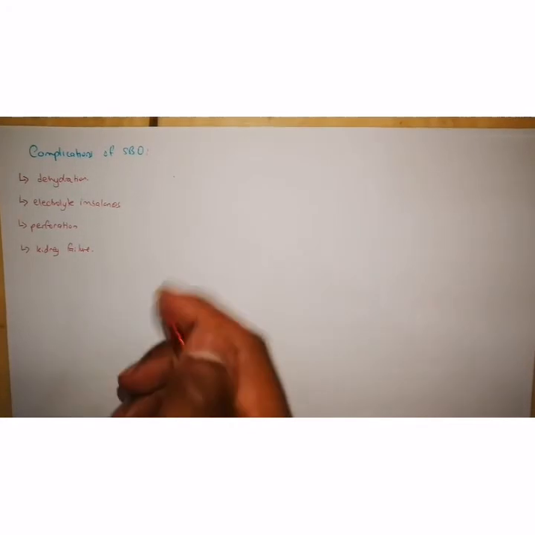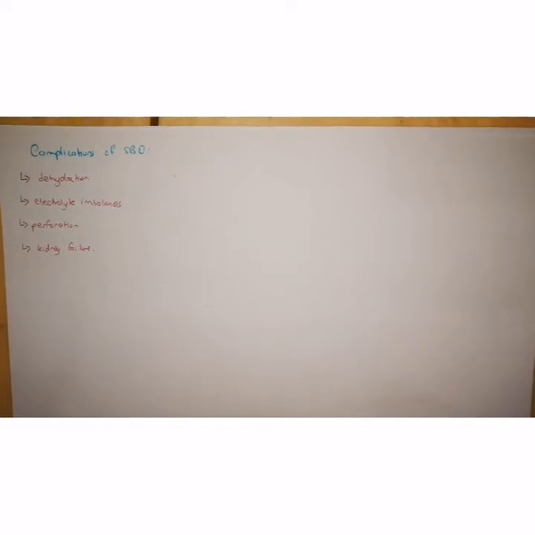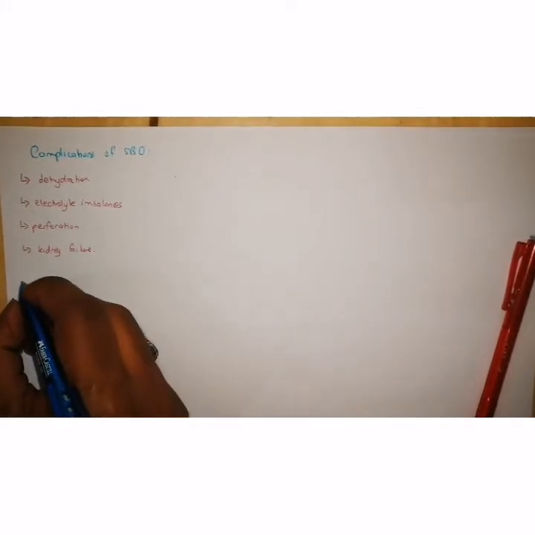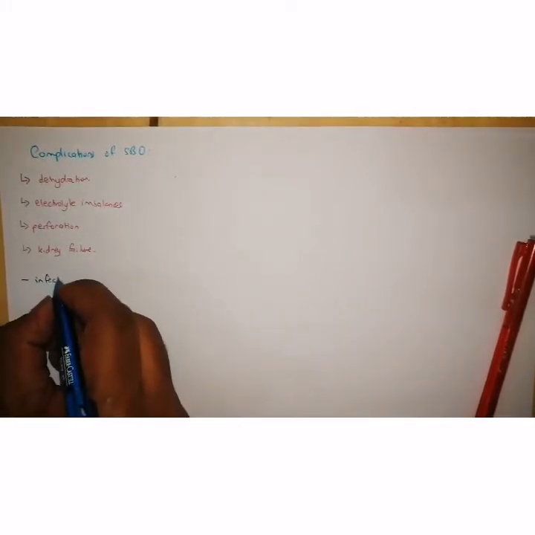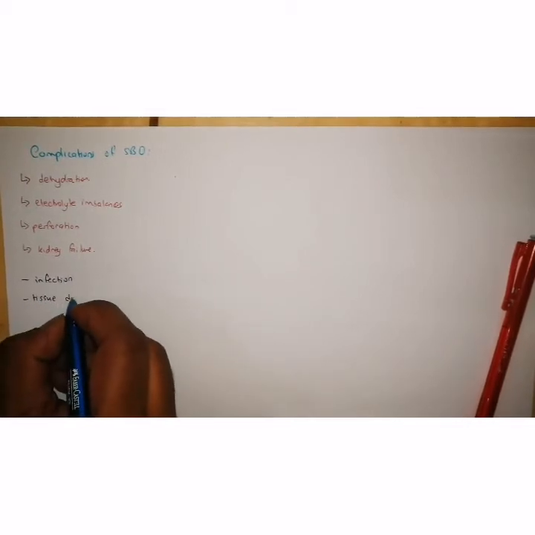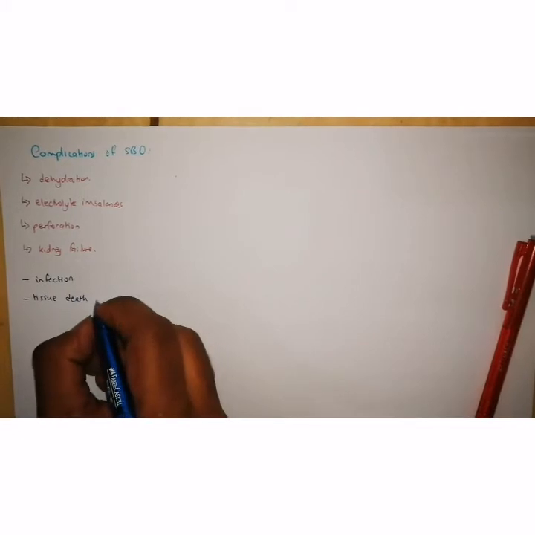And if the obstruction, for example, like volvulus, where the twisting happens, prevents blood from getting into some segments of intestine, which can cause infection, tissue death, or necrosis.